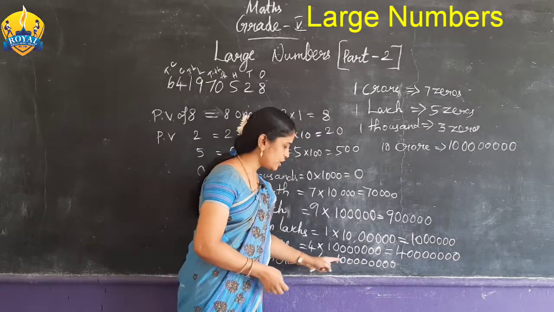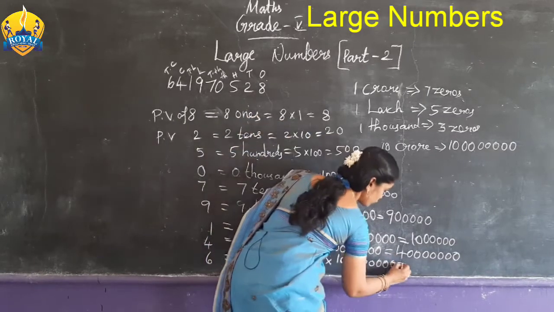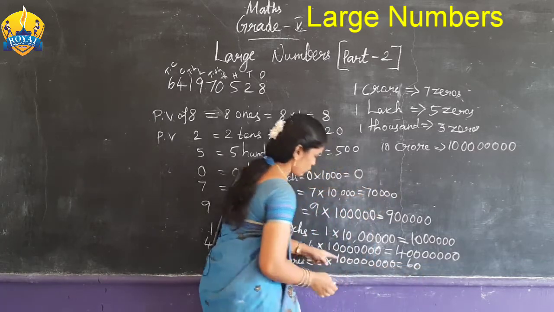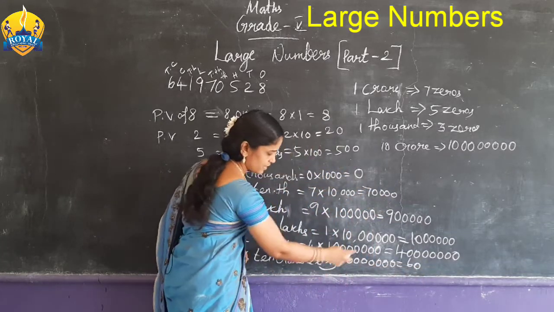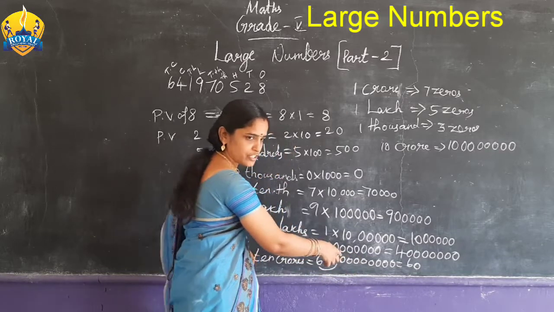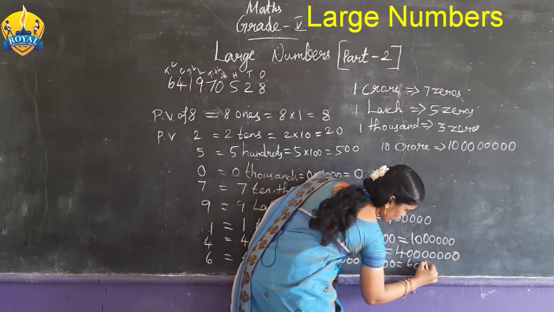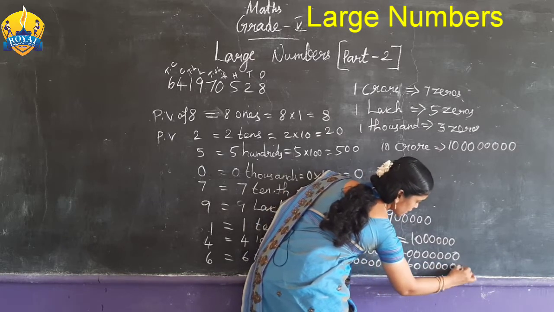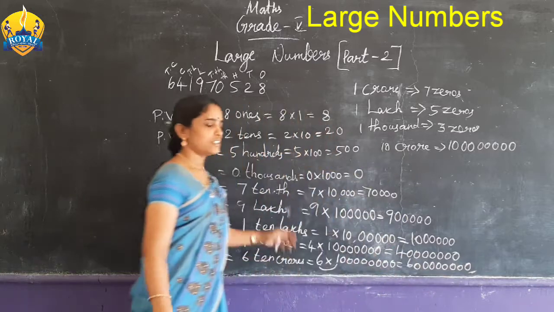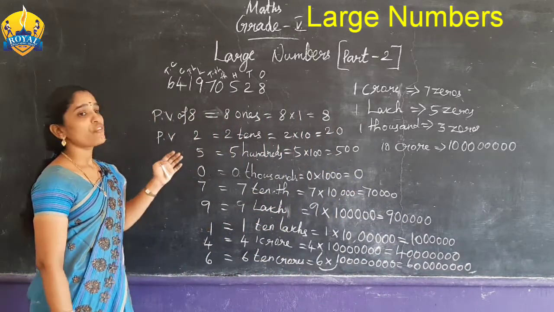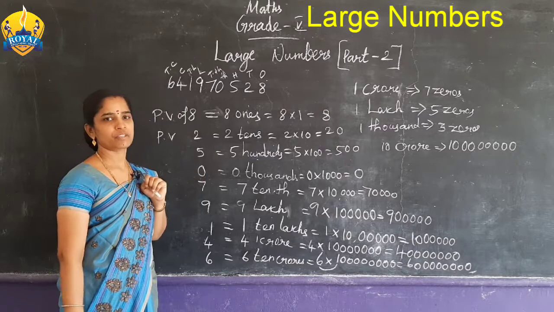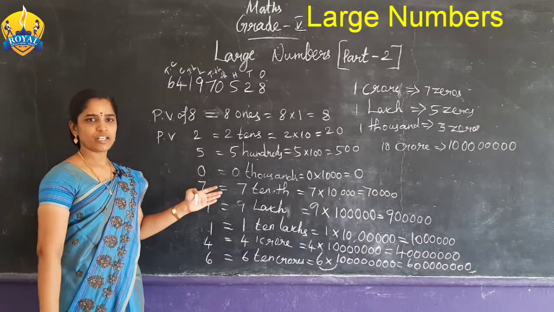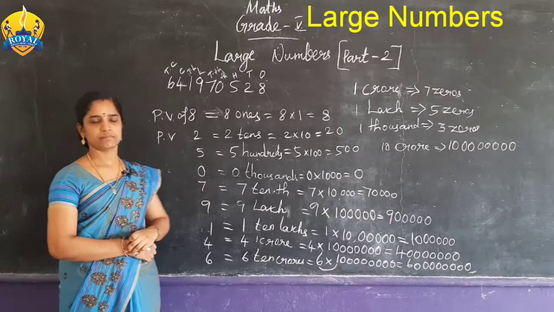So 6 into 10 crore is 60 crore. 6 and we add 9 zeros, that's all. 60 and crore has 7 zeros. That is the place value of each digit in the numeral. Don't forget, the place value of each digit in the numeral. The required answer is.